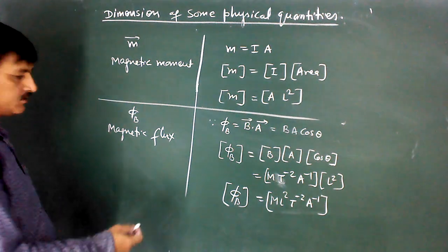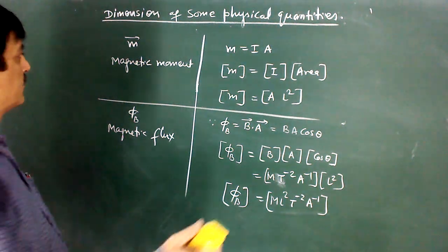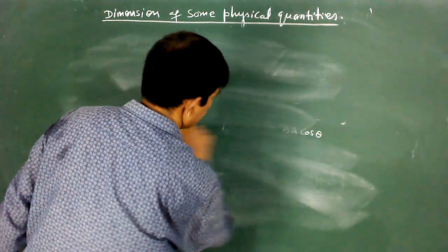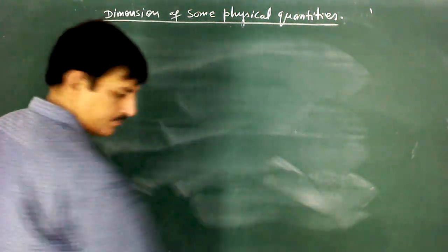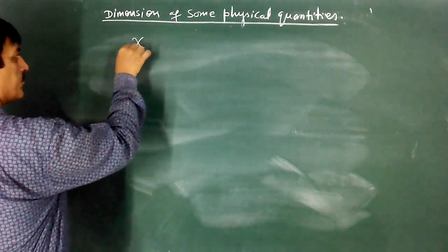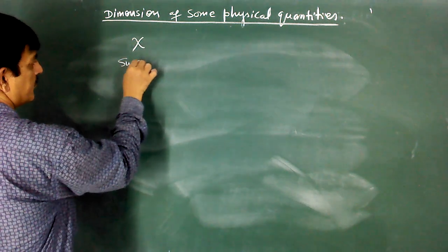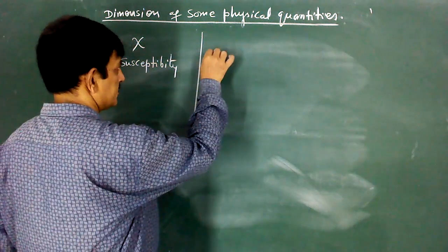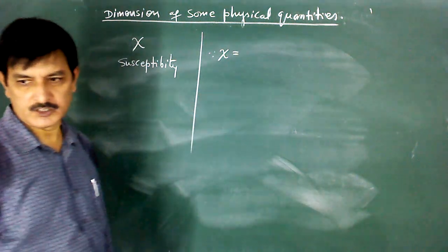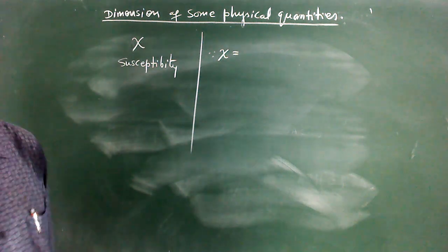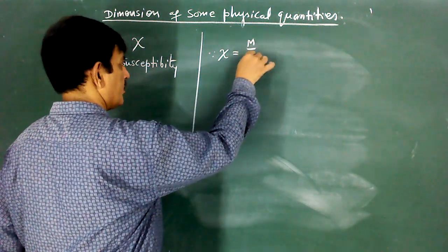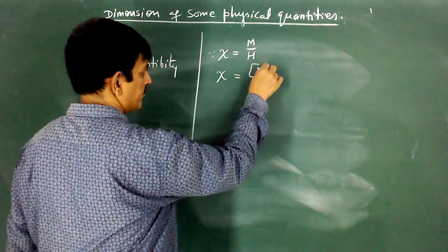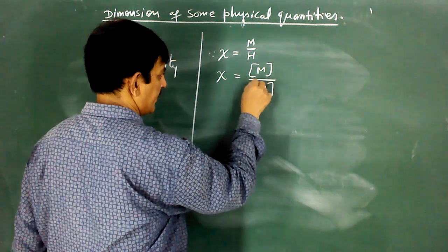Susceptibility has no dimension. That is susceptibility xi, since susceptibility is equal to M by H, and dimension of xi is the dimension of magnetization divided by dimension of magnetic intensity.